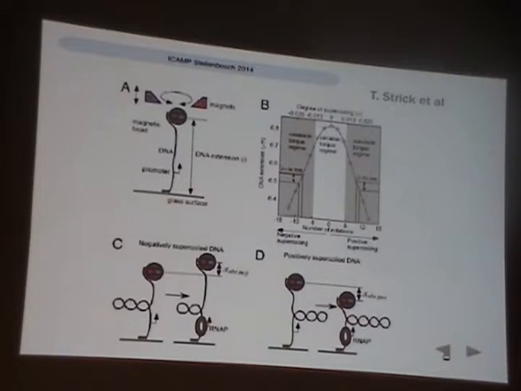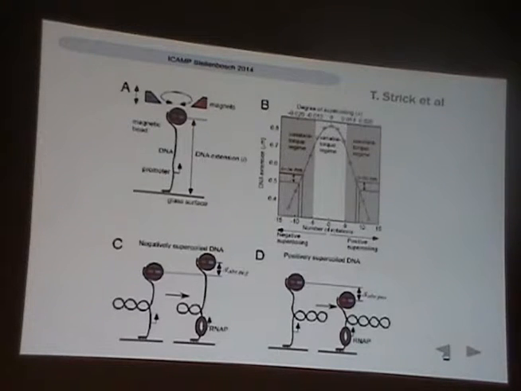So, the question here is that if this model is correct, and people knew already that it was correct, when the RNA polymerase binds to the molecule, it should open some bases. So locally it will change the linking number, but as the global linking number has to be the same, it means that the number of turns present in the rest of the molecule is changing.